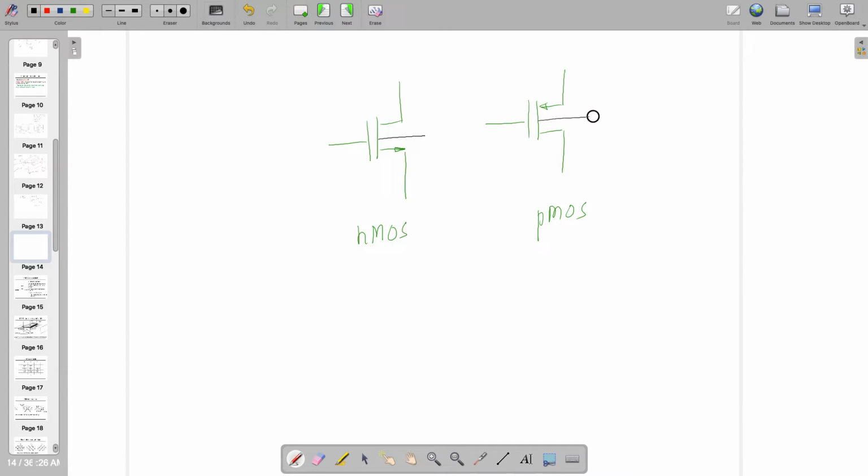We draw four terminals also. Wherever you are seeing the pointing arrow, that's the source. Gate is available on this side. Opposite of source is drain. And this one you can call body, substrate, bulk, whatever you like.